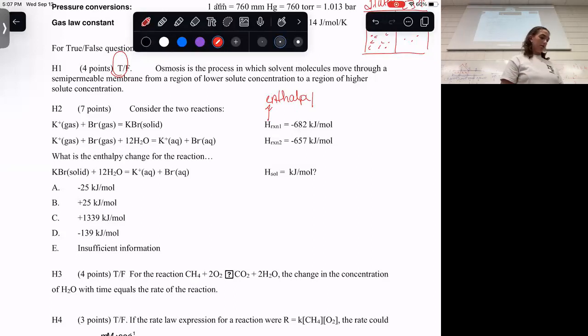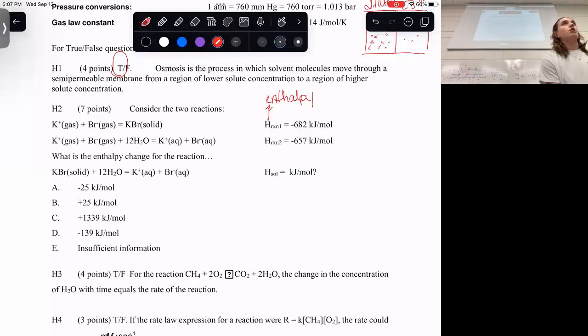So what is this asking us to do? How do we solve this type of question? Yeah, we have to cancel the stuff out. We have to look at our overall equation and the steps to get there, and rearrange them to figure out, once we add those two steps together, how we get to that final chemical equation.